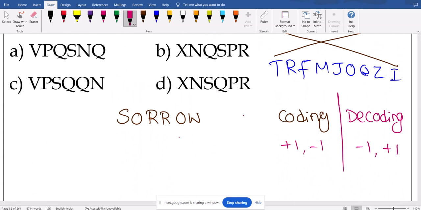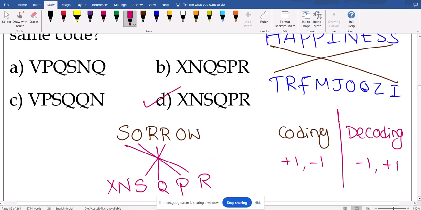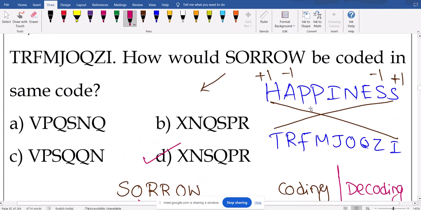If you do minus 1, we get R. Then plus 1, P minus 1, Q plus 1, so it's available in option D. So minus 1 plus 1 in decoding, and in coding plus 1 minus 1. The question says plus 1 minus 1, but the result is minus 1 plus 1 because of decoding.